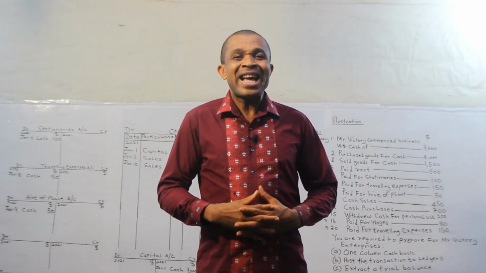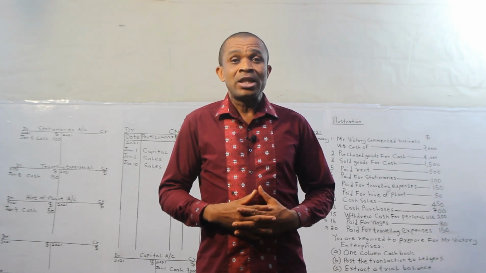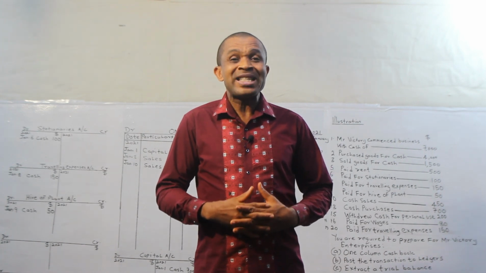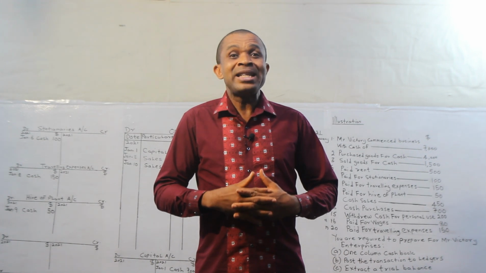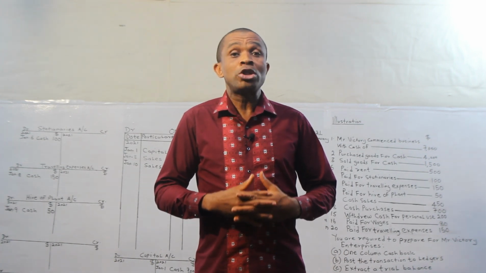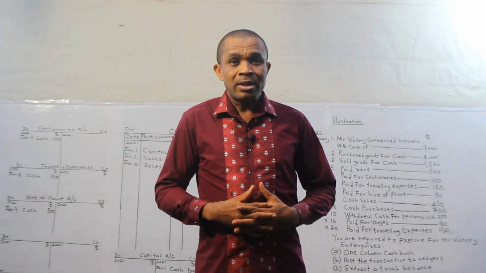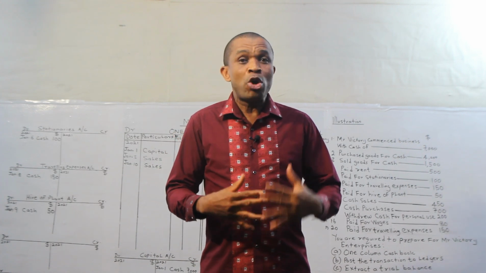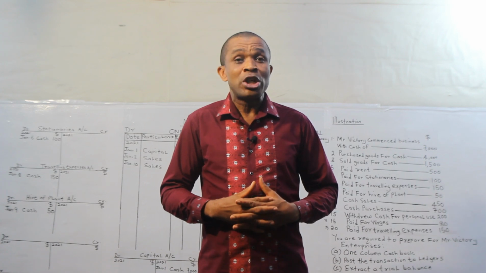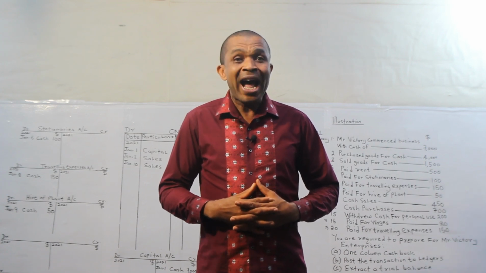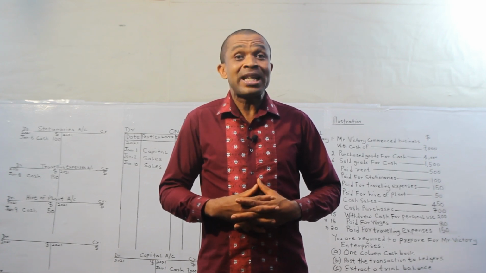The only person that has a right in a business to withdraw cash for personal use is the owner of the business, and when this happens, it is called drawings. Therefore, it is the owner of the business that has approached the cashier at this point to give him or her some cash for personal use.